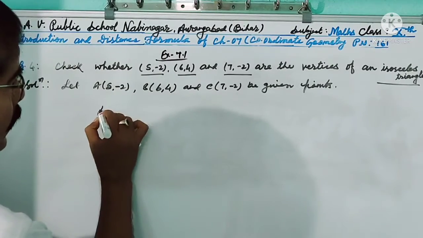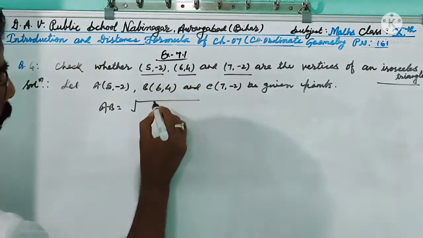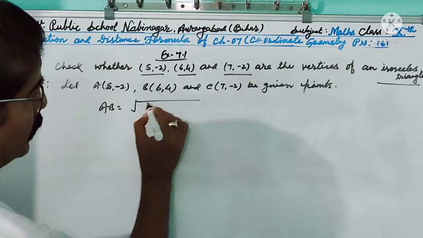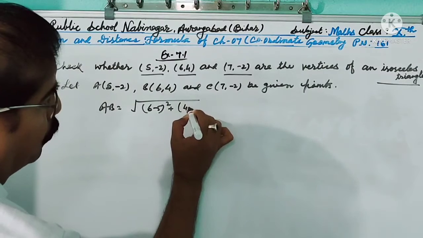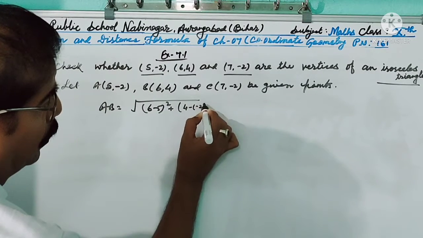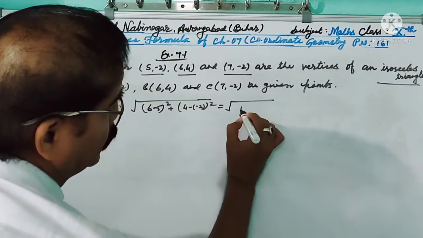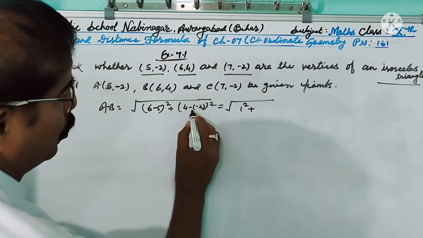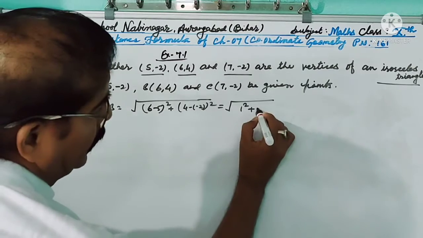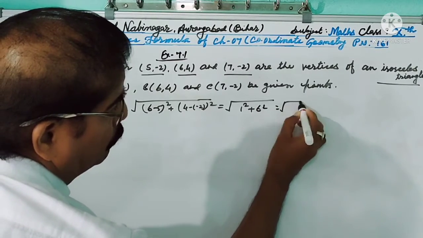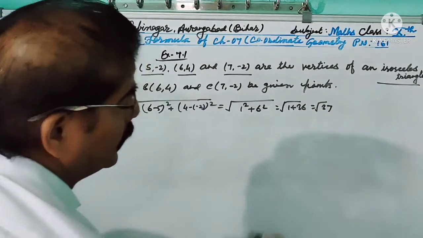By distance formula, AB equals the square root of (6 minus 5) square plus (4 plus 2) square, which is 1 square plus 6 square, that is 1 plus 36, equal to 37.